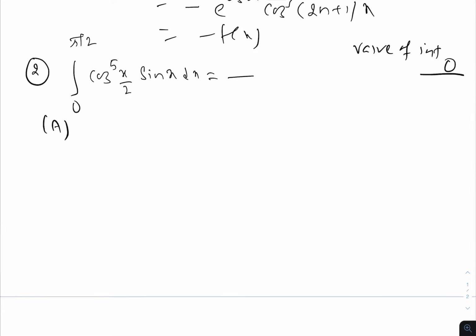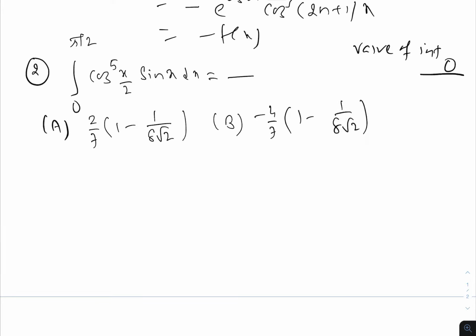Options are: 2 by 7 (1 minus 1 upon 8 root 2), then minus 4 by 7 (1 minus 1 upon 8 root 2), 4 by 7 (1 minus 1 upon 8 root 2), and 0.